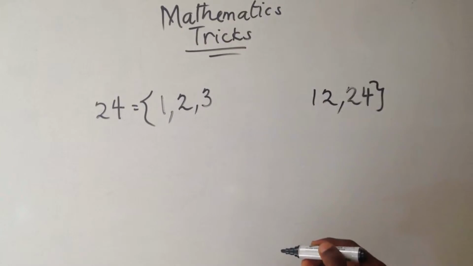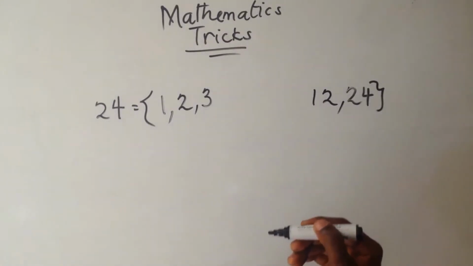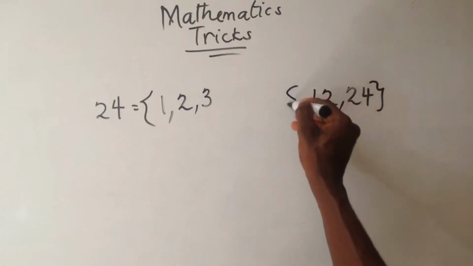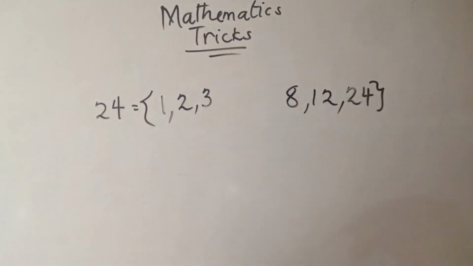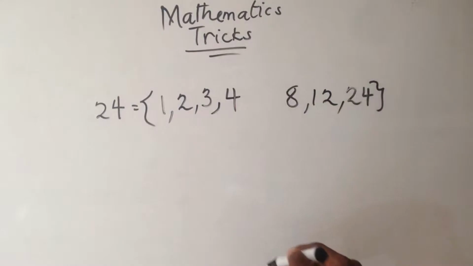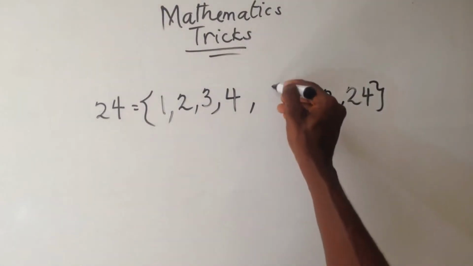And 3 multiplied by 8 will give us 24. So you write that there too. The next number that can divide 24 without a remainder is 4. And the multiple of 4 to produce 24 is 6.